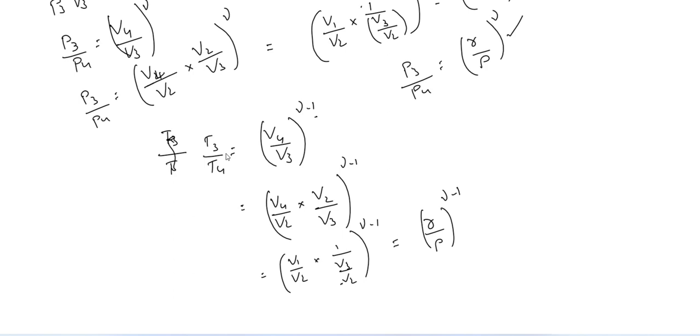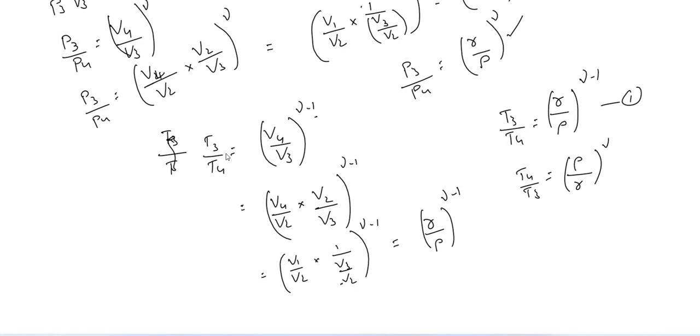Now we have to find T4, right? You can write T3 by T4 equals R by rho whole power gamma minus 1. It is one part, or you can write T4 by T3 equals rho by R whole power gamma minus 1.